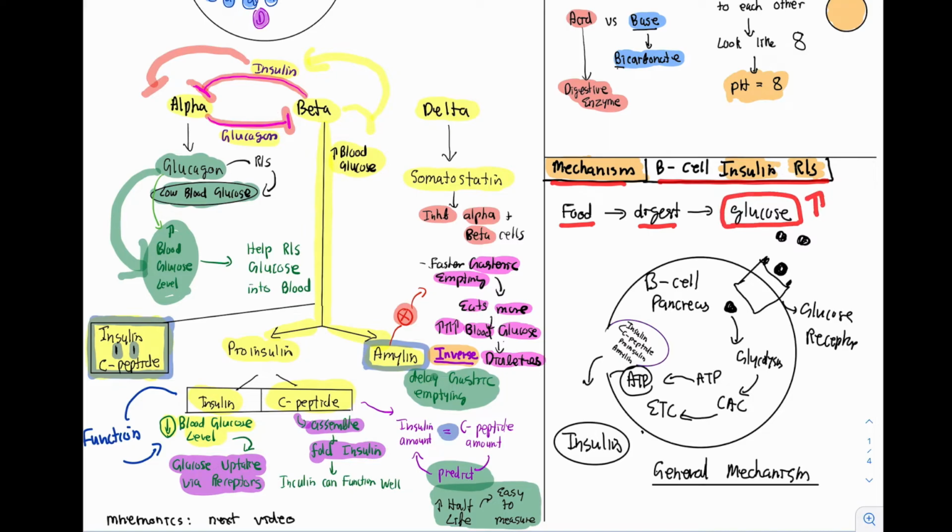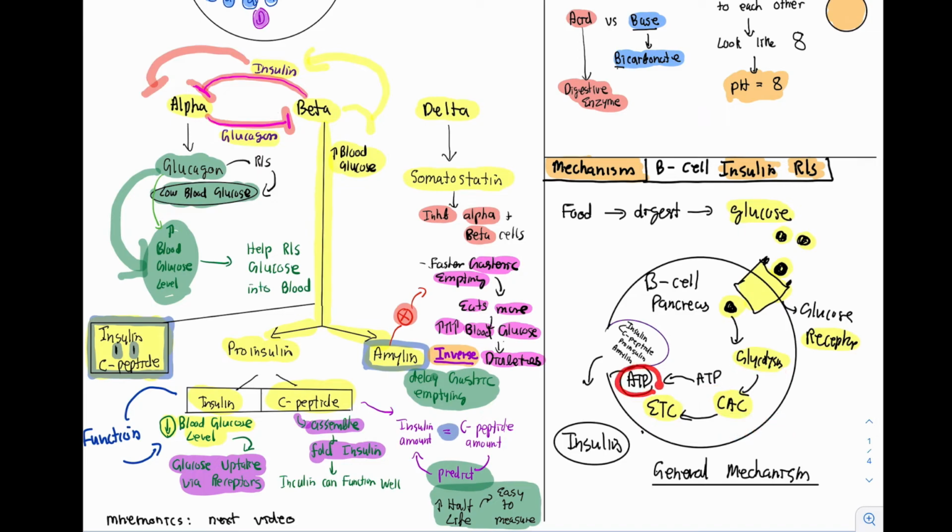The beta cell of the pancreas senses the glucose by attaching to it using its glucose receptors, and it brings the glucose inside the cell, and the cell undergoes glycolysis, which produces 2 ATP, and then it undergoes the citric acid cycle, aka the Krebs cycle, and finally the electron transport chain, producing more ATP.